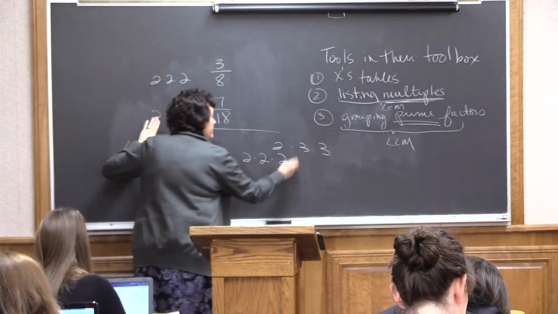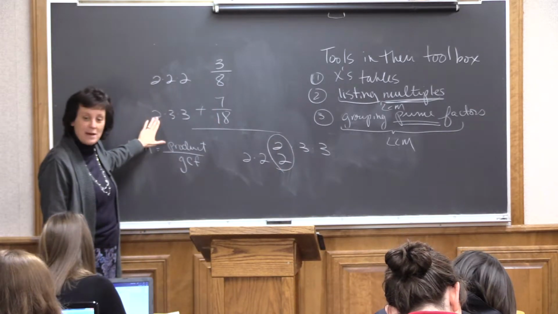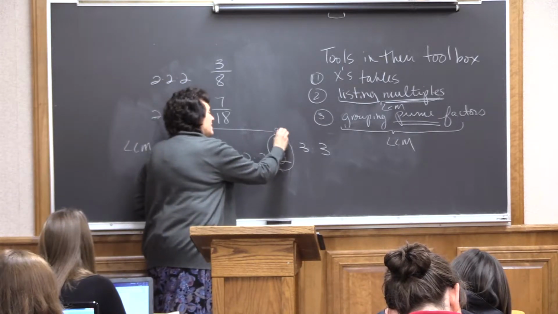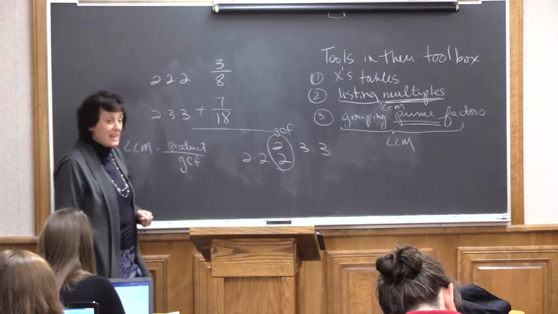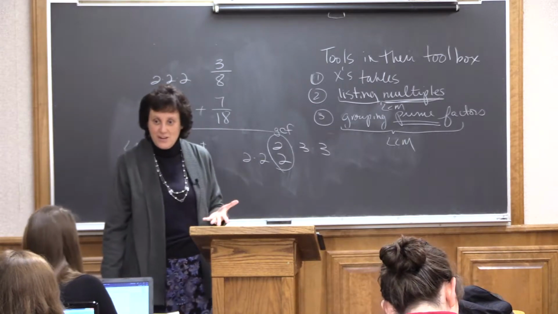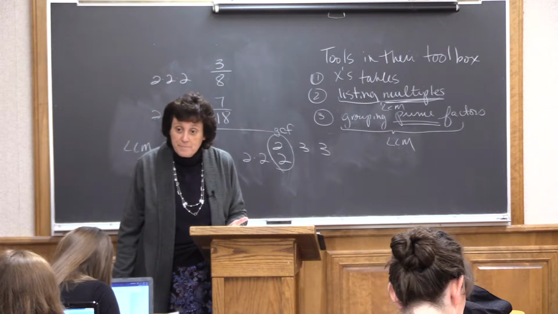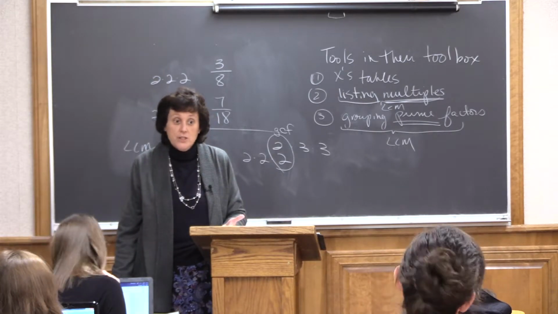What is 2? It's the greatest common factor. So we are not going to use 18 times 8, which is 144. Do we need 144? Nope, we're going to use 72.